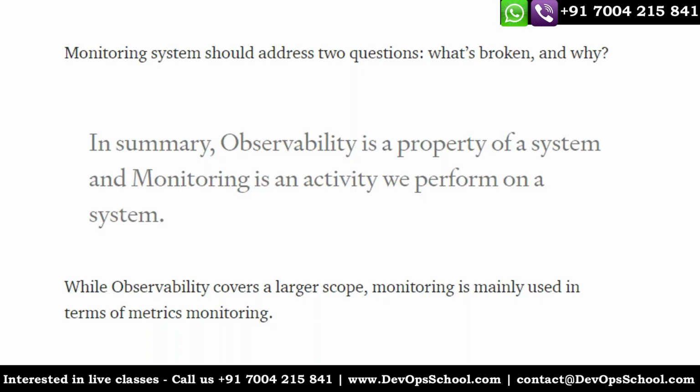A monitoring system should address two questions: what is broken and why it is broken. While observability covers a larger scope, monitoring is mainly used in terms of metrics monitoring. In summary, observability is a property of the system, and monitoring is an activity we perform on the system.